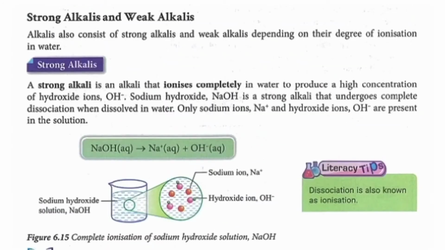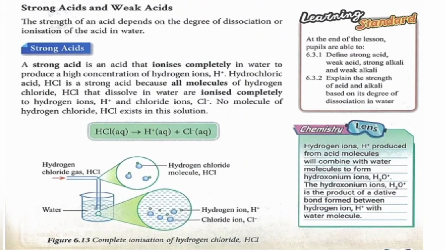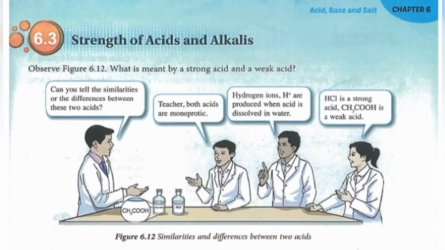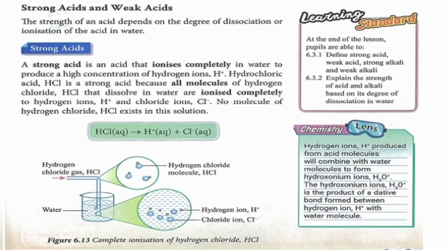So remember, to measure the strength of acid and also alkali, we must refer to the degree of dissociation or degree of ionization of the acid or the alkali in water. It is not necessarily true that a concentrated acid is a strong acid, and not necessarily true that a dilute acid is a weak acid.